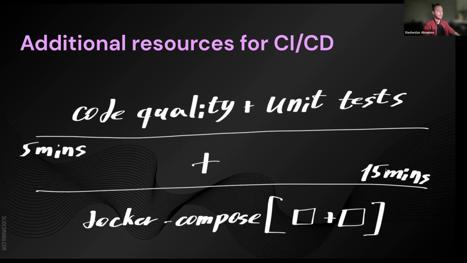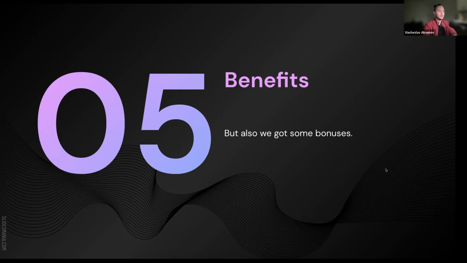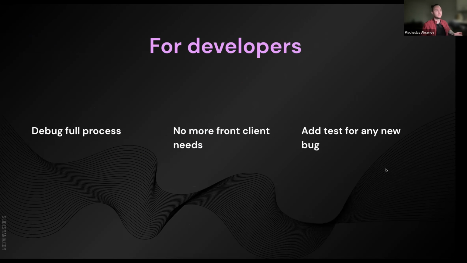Okay, that was about trade-offs, but also we got some bonuses, like benefits. First and the most noticeable for the developer, it became possible to check the business logic of the processes using an automated tool.